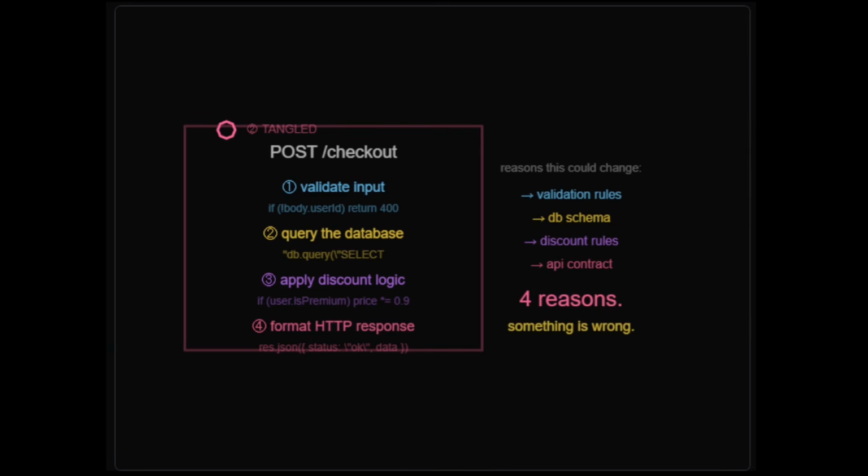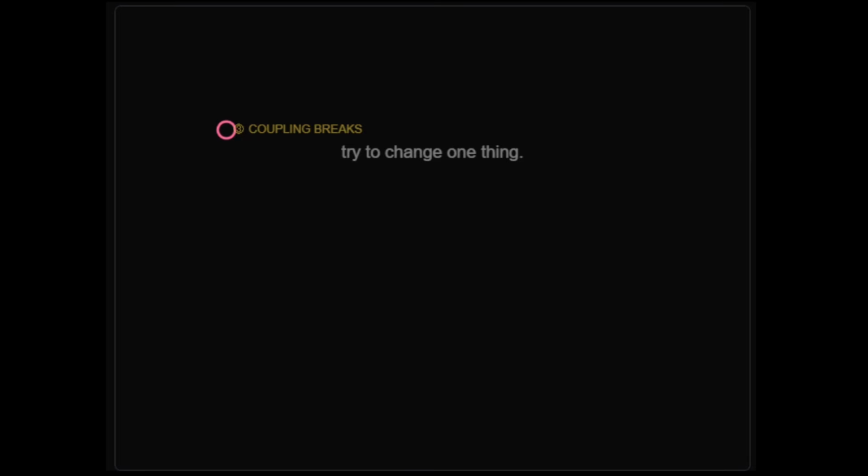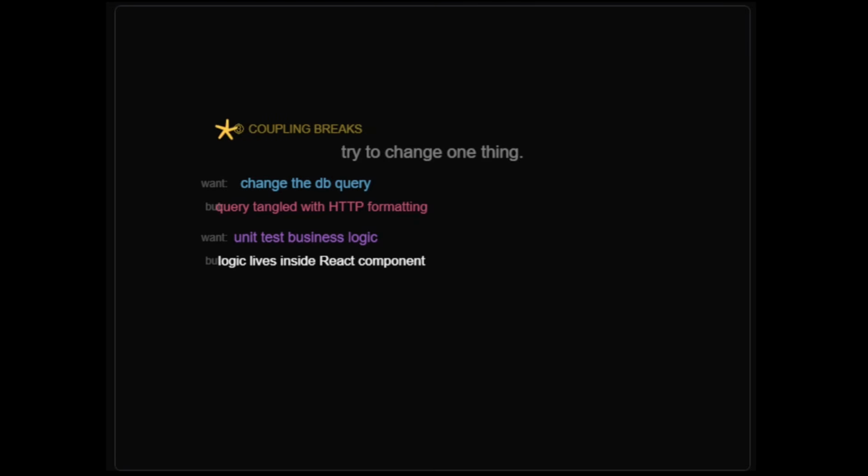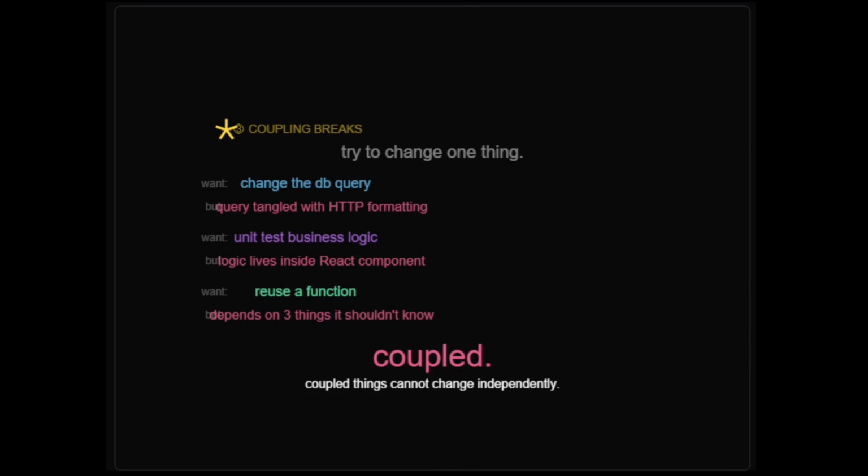You want to reuse a function, but the function has a direct dependency on 3 other things it shouldn't even know about. This is the failure mode of ignoring separation. Things that were supposed to be independent become coupled. Coupled things cannot change independently, and systems must change. They always change.